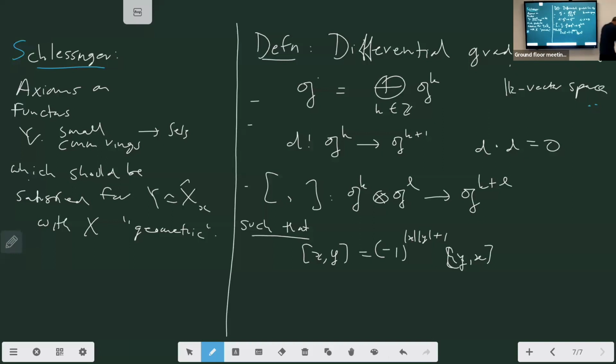I always get these signs wrong, so I wrote it down somewhere. Plus cyclic permutations.